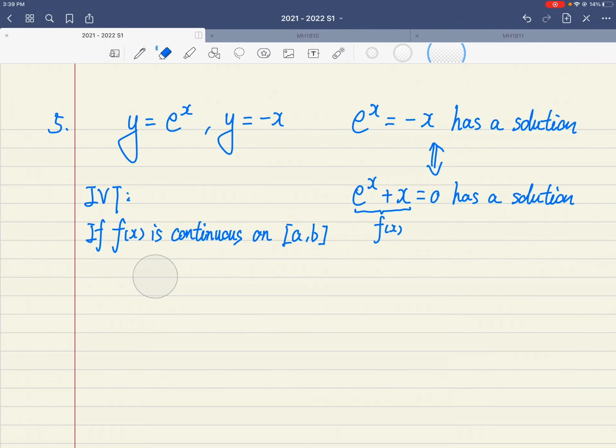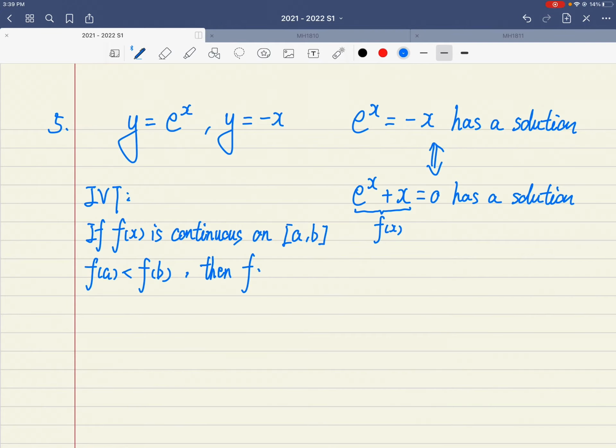Let's assume f(a) is smaller than f(b). It doesn't actually matter. f(a) could be larger than f(b), or the same, but let's assume f(a) is smaller than f(b).